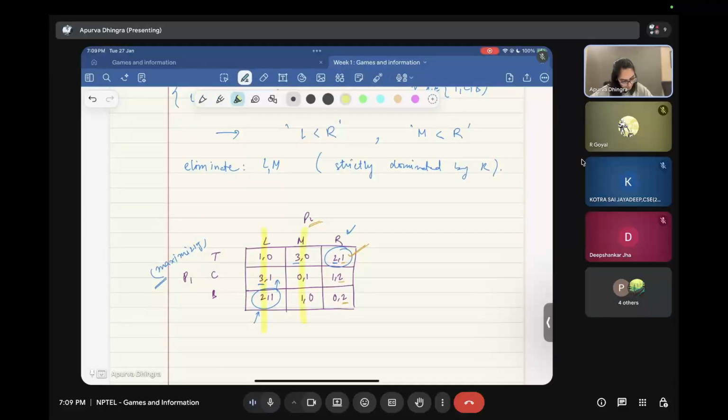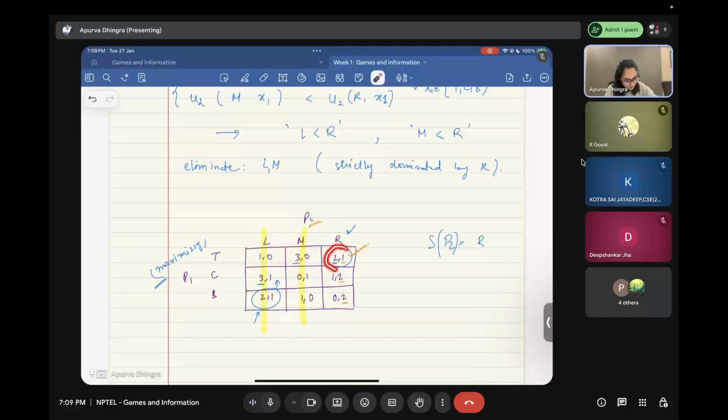So L is gone, M is gone. So all I'm left with is this last column. So now player 2 has nothing to choose from. The strategy of player 2 is just going to be R. The only option is with player 1. So now player 1 can just choose whichever maximizes his utility. And in that case, he will go for this one.